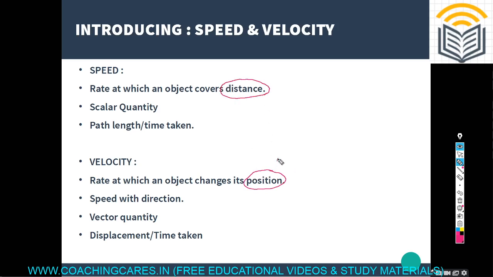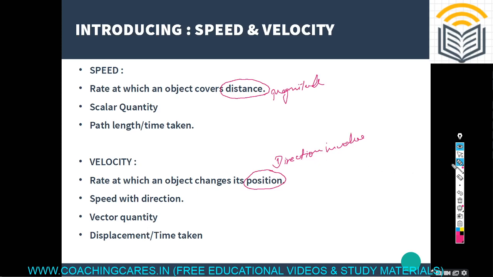Here, direction is involved, but here only magnitude is there. This is the major difference, or we can say velocity is speed with direction. It's a vector quantity because direction is involved, and this is basically the displacement with respect to time.